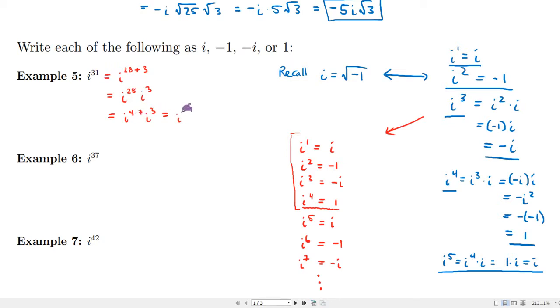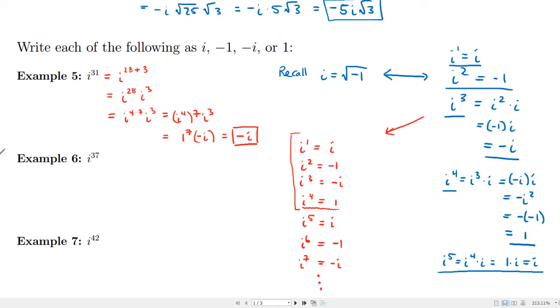And now I have I to the fourth to the seventh times I cubed. And now I know what all these things are. I to the fourth is 1, so I have 1 to the seventh, and I cubed is -I. So what's 1 to the seventh? That's just 1, and -I is -I. So this is -I. Okay.